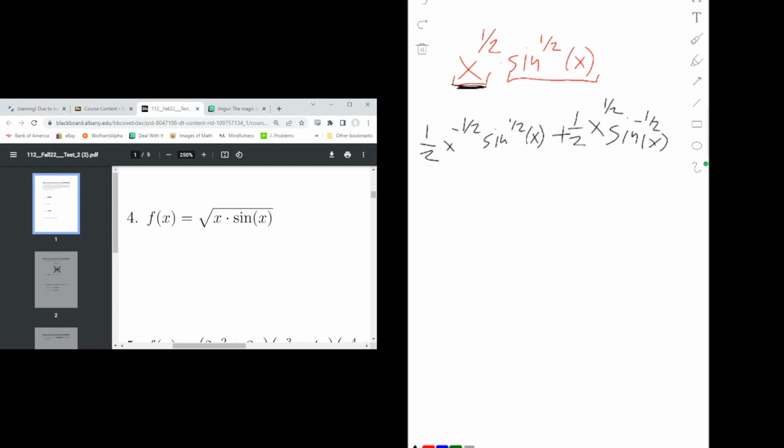In fact, I think I might be able to fit it. No, I cannot. I can, kind of. I'm sorry that is terrible looking.